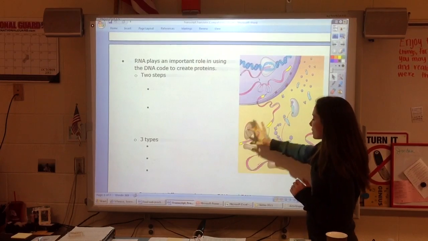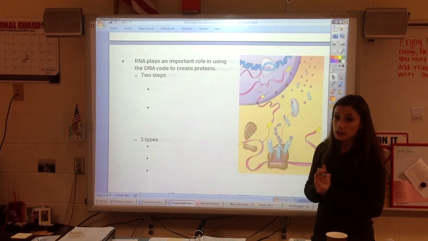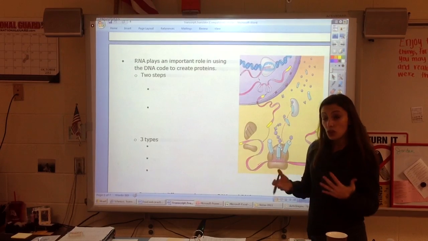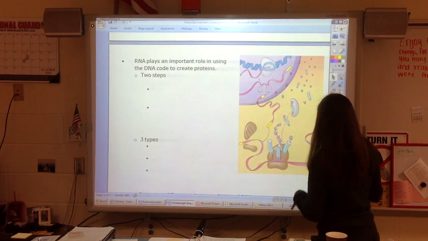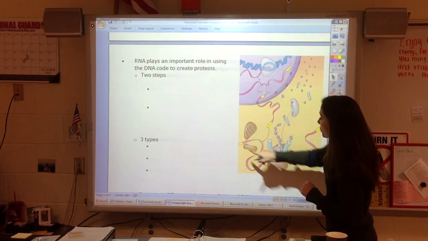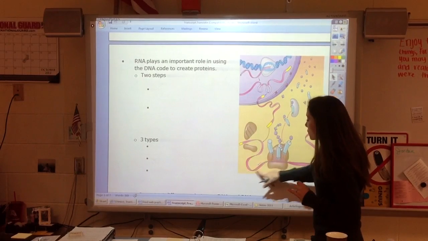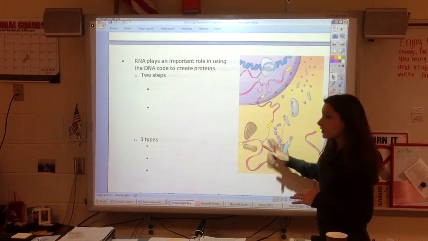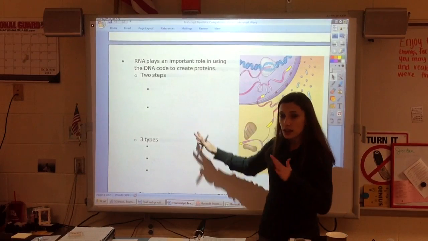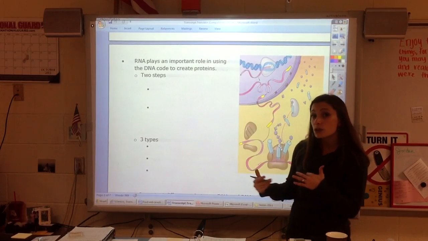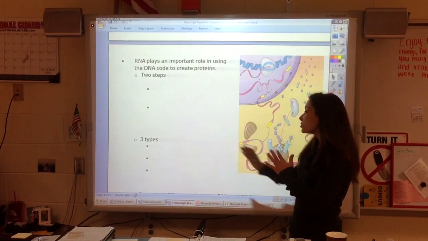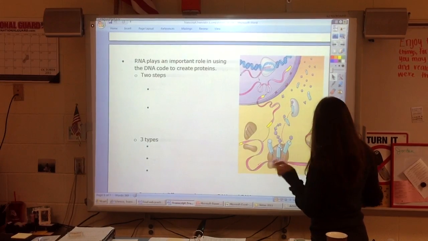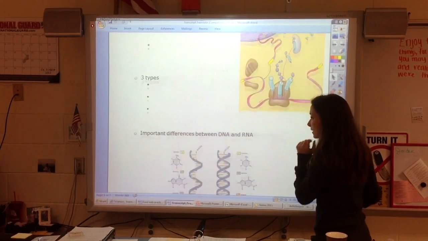Once we get to translation, the ribosome already exists, and the tRNAs already exist, and we're just using them. Translation is where we go from a sequence of nucleotides to a sequence of amino acids. The key point is that we're going from the language of nucleotides to the language of amino acids, and that's when we will be very close to having a protein.